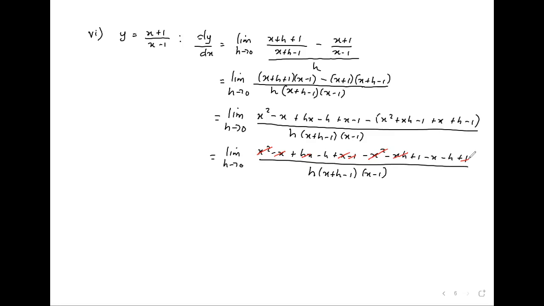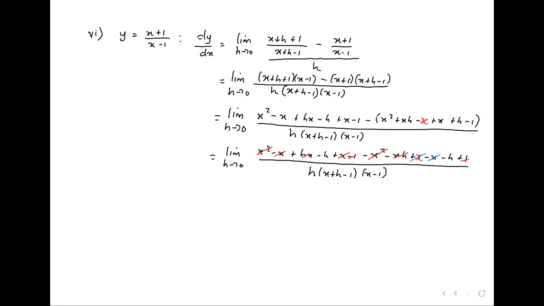Oh, okay. This is supposed to be minus x, and then x plus h minus 1. So this is supposed to be minus x, so that it is also cancelled.